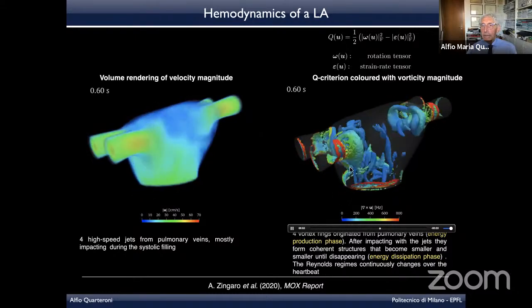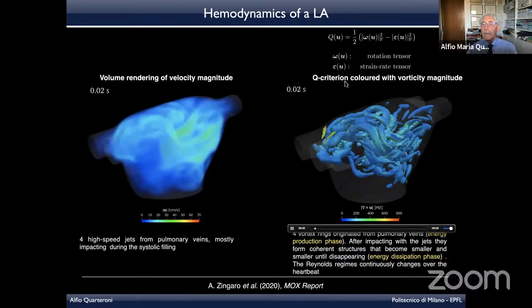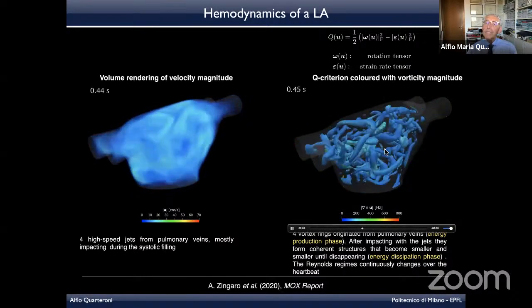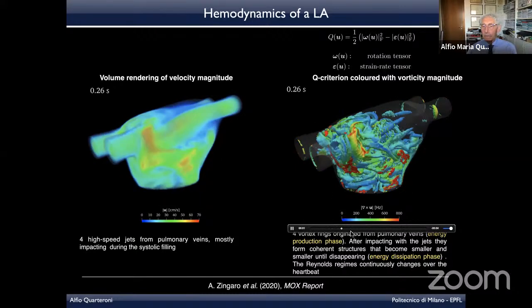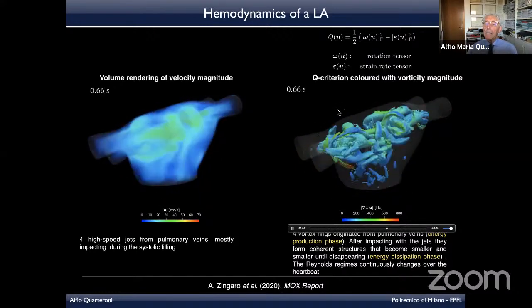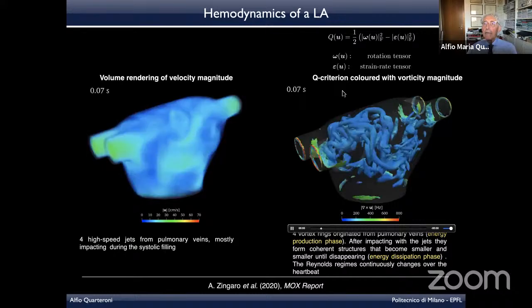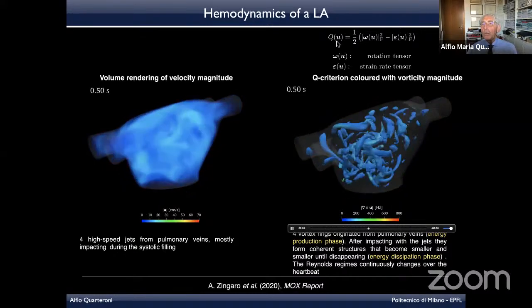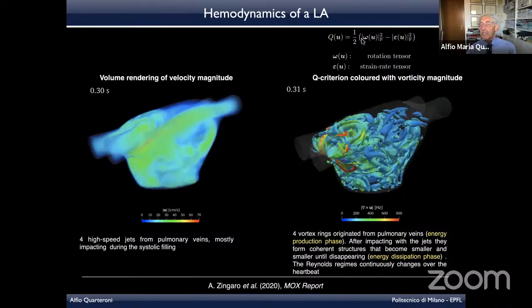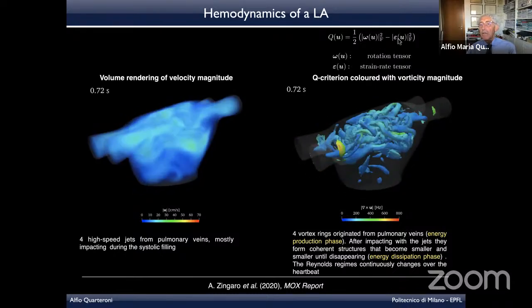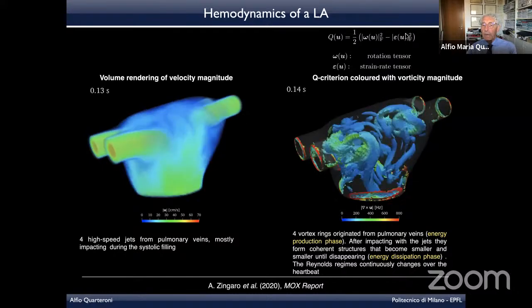We are here presenting the vorticity of the blood according to the Q criteria. Q is a variable, is 1/2, as you see here, the rotation tensor squared minus the strain rate tensor squared.